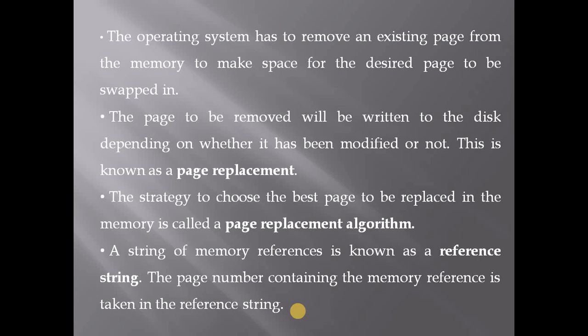This is because with the increase in the number of page frames, more required pages can be accommodated in the memory. So if we have more page frames in the physical memory, we can bring in more pages into the memory and can execute more processes. Thus we can increase the degree of multiprogramming.